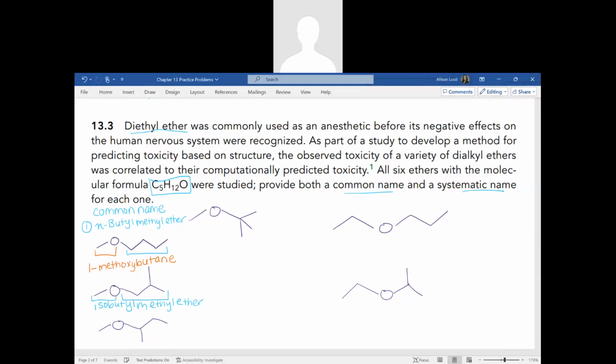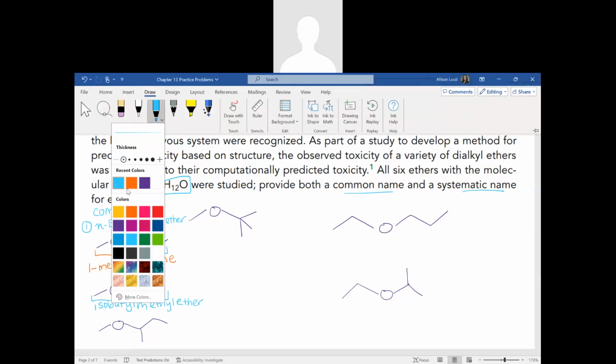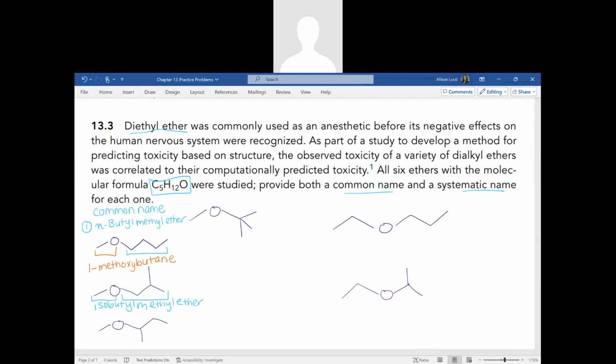So we have isobutyl methyl ether, and then if we were to give the IUPAC name, we would call this a 1-methoxy. And then this would be a 2-methyl propane parent.